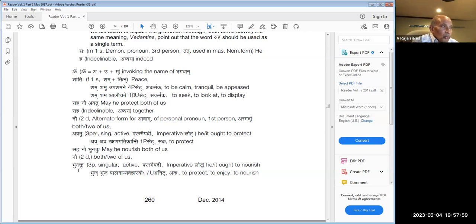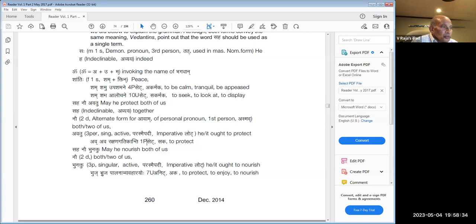Bhunaktu. Bhuj is to nourish, to protect, and here it is used in the nourish meaning. It's a seventh gana. You don't need to worry about seventh ganas, but it is bhuj. One word you derive from bhuj is bhojanam. Bhojanam is nourishing you, and you also enjoy that.